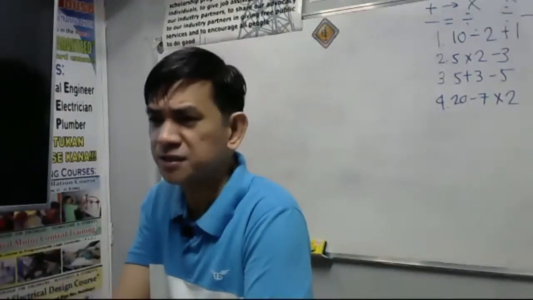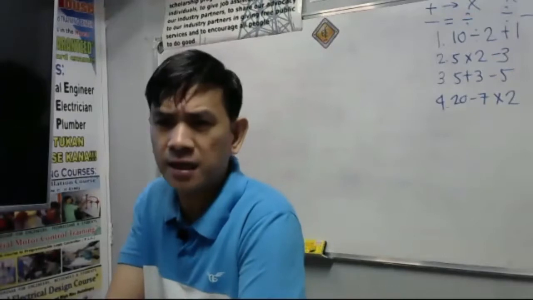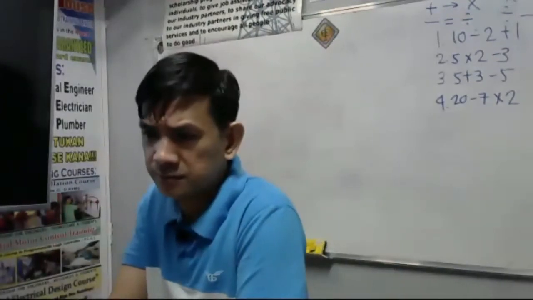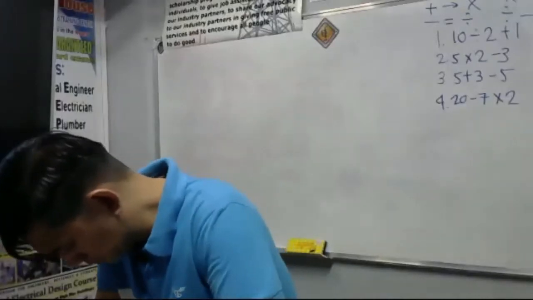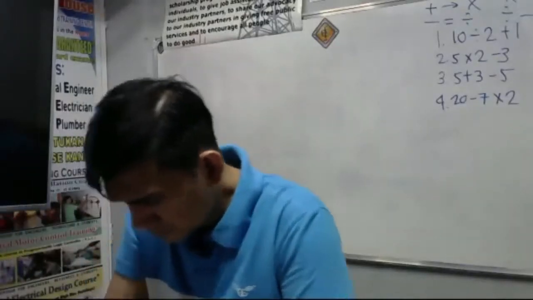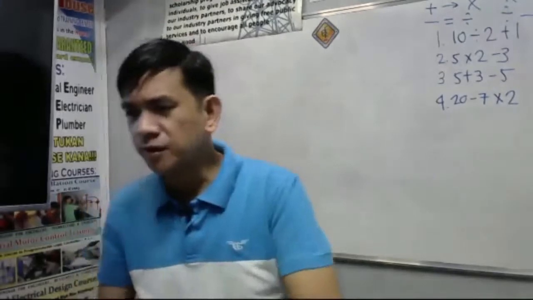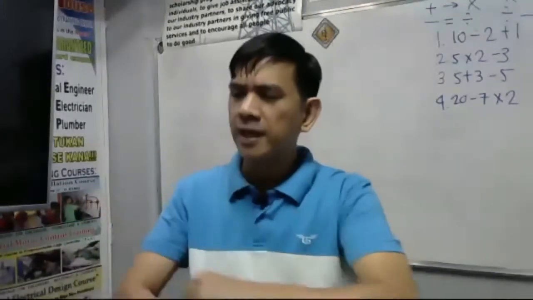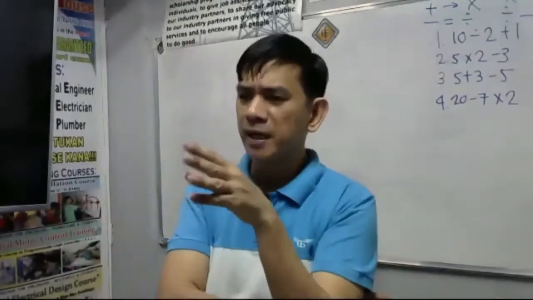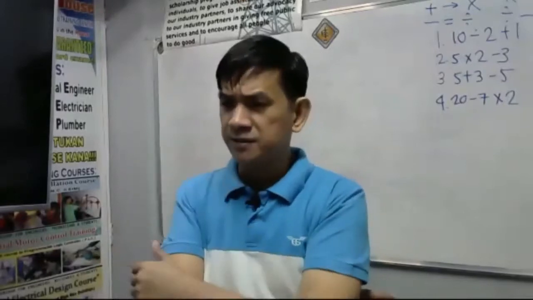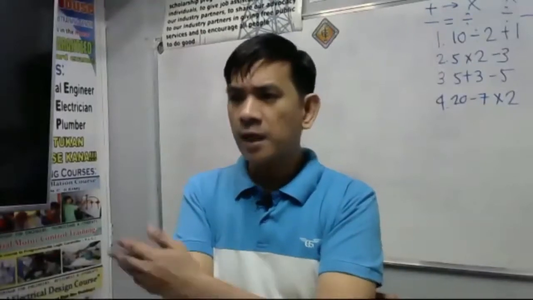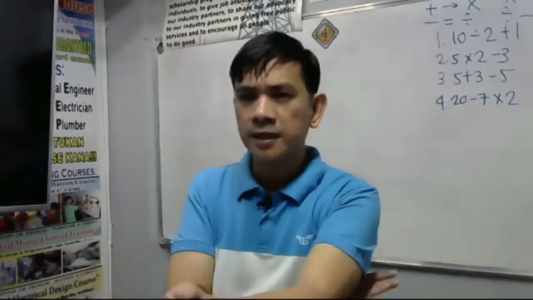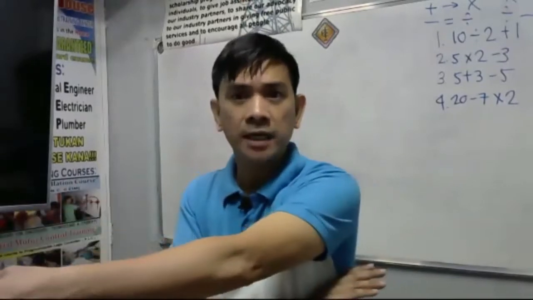His name is not included in the top notchers. His mentor said to the Board of Electrical Engineering, sir, please consider my name as a first placer. We will not do that because we already released the results. Sir, I am the highest. I have a higher grade than the top 1 you declared.